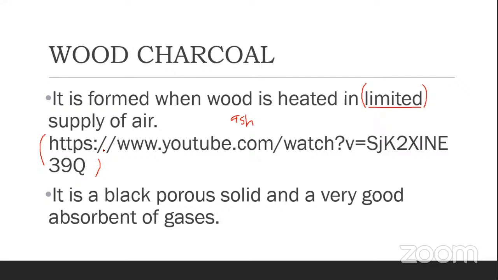It is demonstrated there, but we don't have all that much time to go through that video, but I request that after the lesson you can check it out and watch how wood charcoal is made.